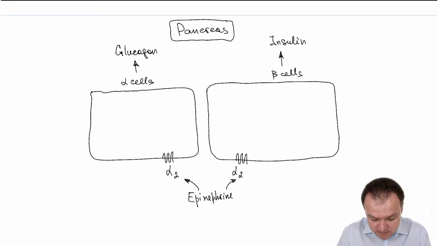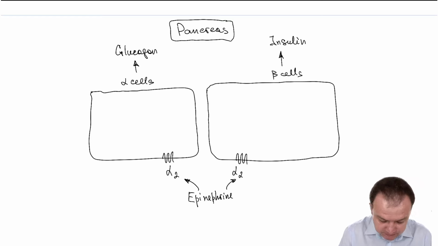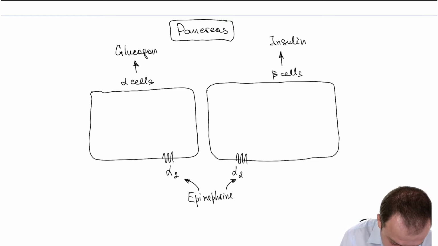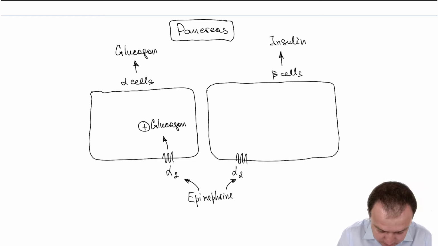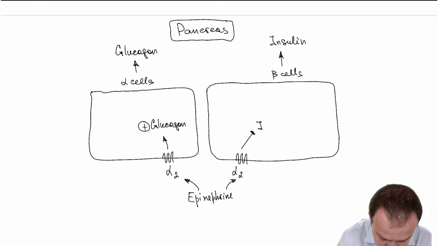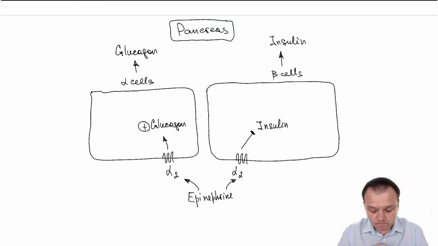But in case of alpha cells, stimulation of alpha 2 adrenergic receptors stimulates glucagon secretion, glucagon production. And in case of beta cells, stimulation of alpha 2 receptors inhibits insulin release. So as a result, we have a rise in blood sugar level.